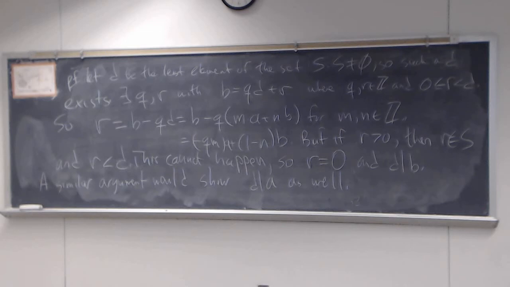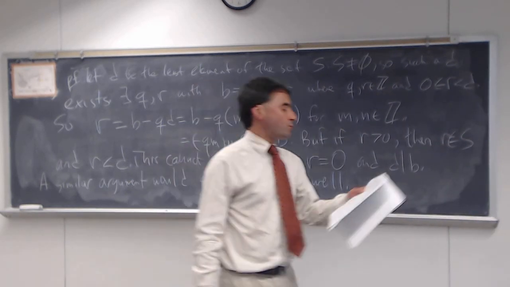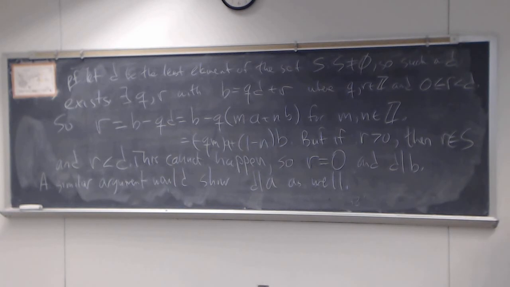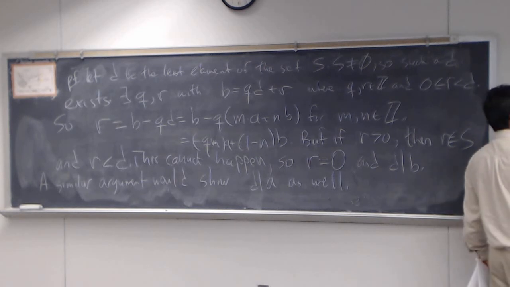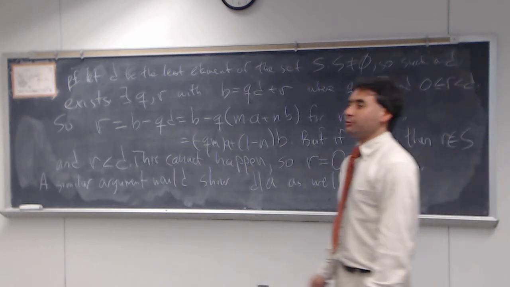And now we can actually apply the division algorithm to find the greatest common divisor. So what we want to do is start with how to find the GCD of A and B. GCD is notation for the greatest common divisor.